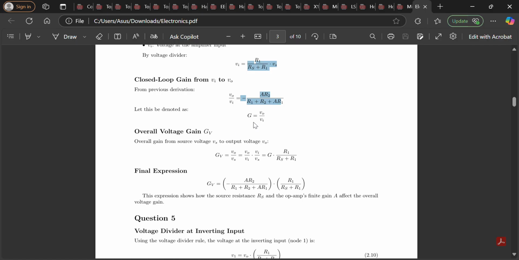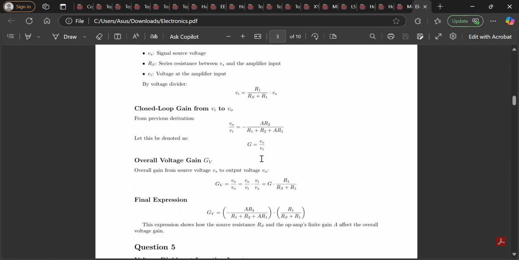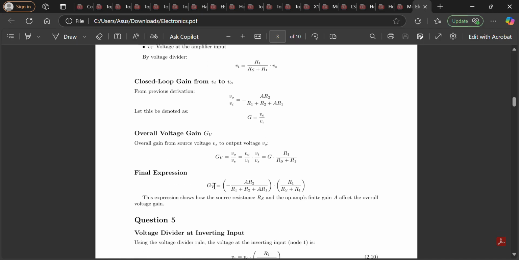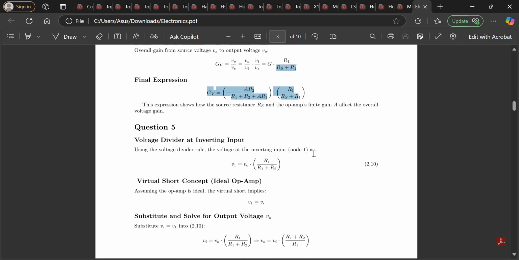We can denote this as some gain G, and the overall gain GV will be basically the same, just times this gain. And the final expression we can see here shows how the source resistance Rs and the amplifier finite gain A affect the overall voltage gain.